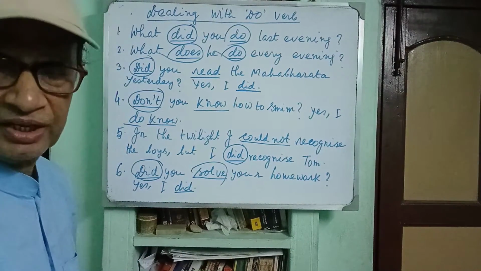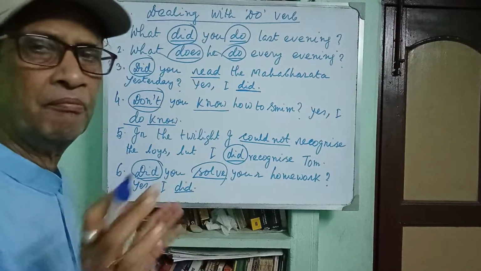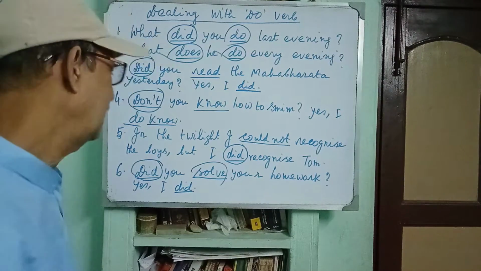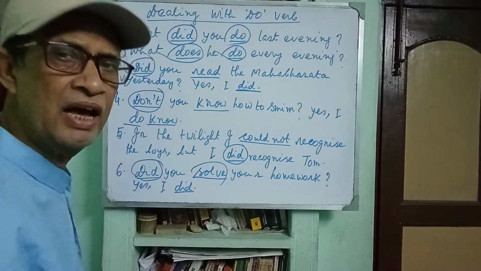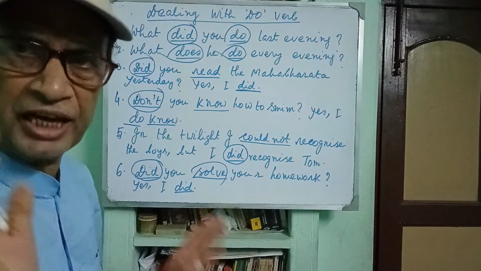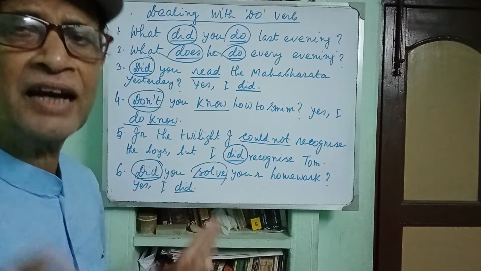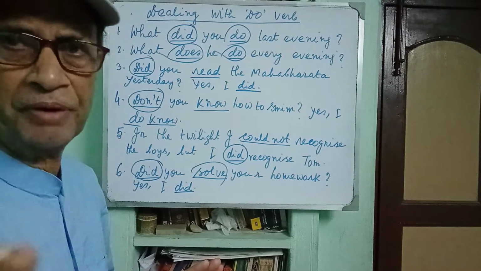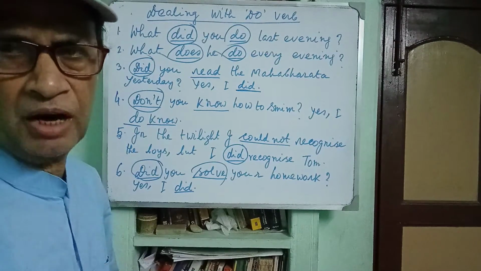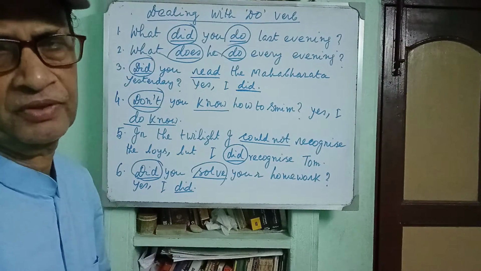That means I obviously solved my homework. Clear? Here did has been used to avoid repetition of the same word, of the same sentence, and it will bring you out from the monotony, the boredom of the repetition of the words.